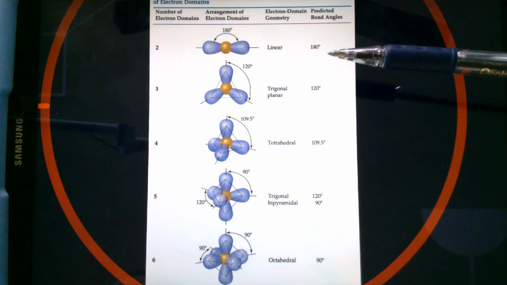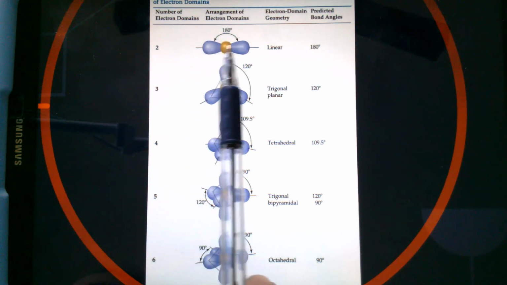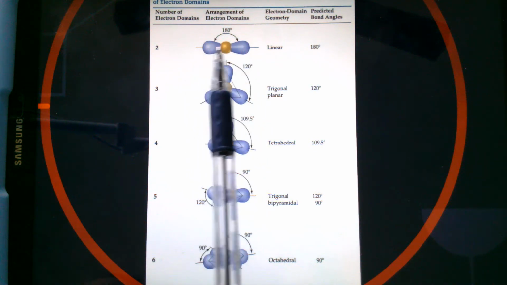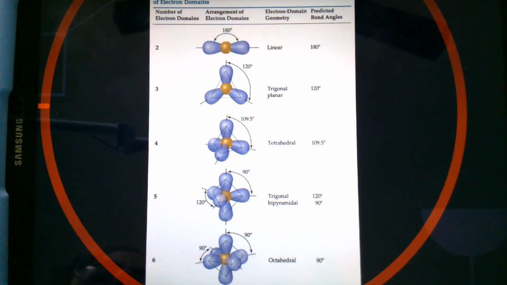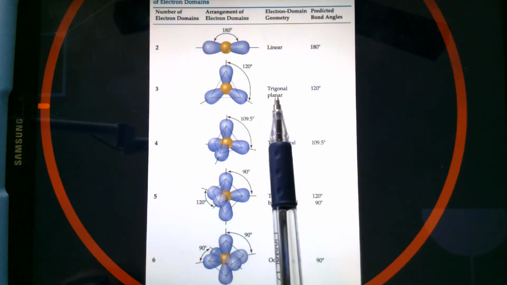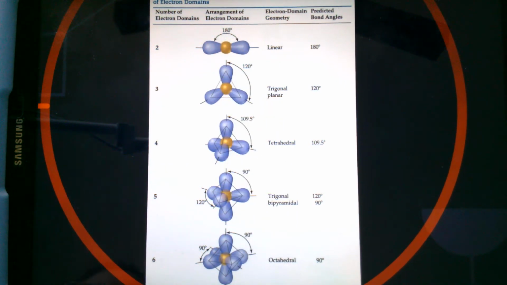So we have linear. If you have 2 electron groups and you want to place them as far apart as possible, the best angle you can get is 180 degrees like we have right here. Next, if we have 3 electron groups, to get them as far apart as possible, we adopt this Y-shape, which is called trigonal planar, and these are 120 degrees apart.